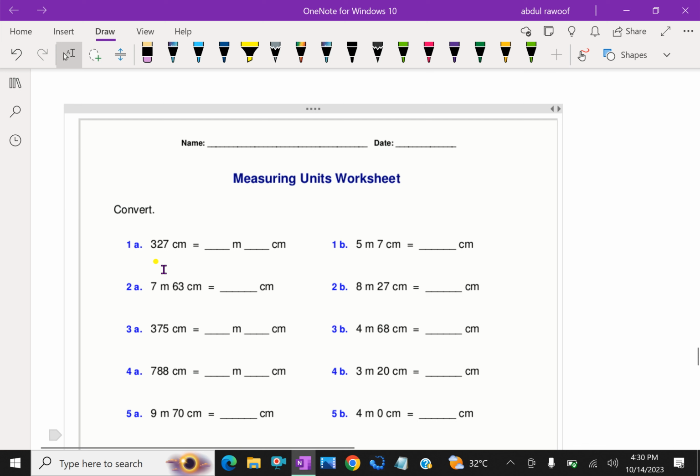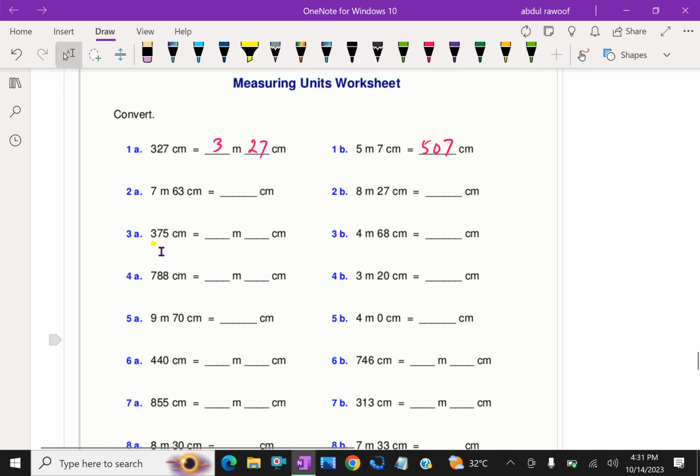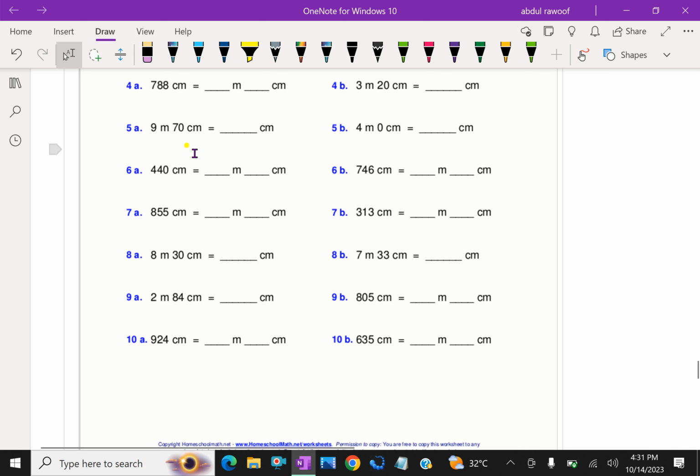Now, 327 centimeter is how many meters and centimeters? 3 meters 27 centimeters. 5 meter 7 centimeter is 507 centimeter. 375 centimeter is 3 meter 75 centimeter. 9 meter and 70 centimeter is 970 centimeters. 635 centimeter is 6 meter 35 centimeters.